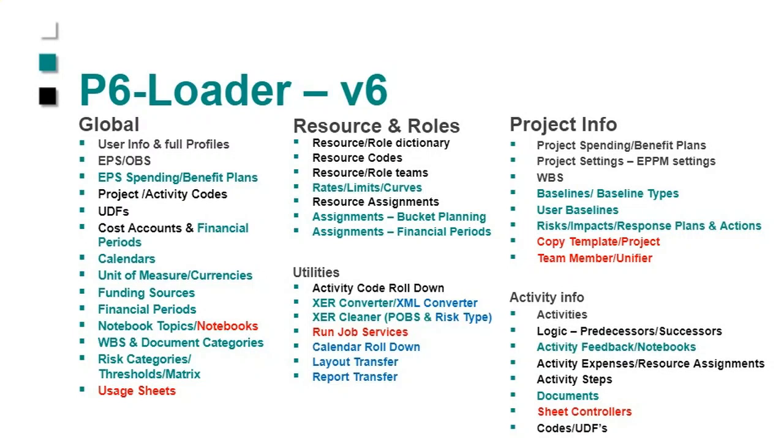We allow you to clean the XCR so you can get rid of the POBS records and the risk type records, which cause all kinds of issues when they're being transferred around through XCRs. We allow you to transfer layouts and reports from one P6 database to another P6 database. So if you've got a report or a layout that works really well for you in one system, one database, and you don't want to have to recreate it and spend hours getting it just perfect, we can just move it for you.